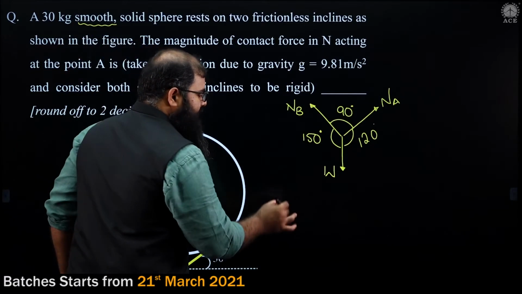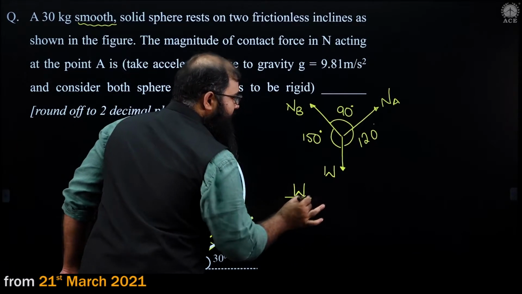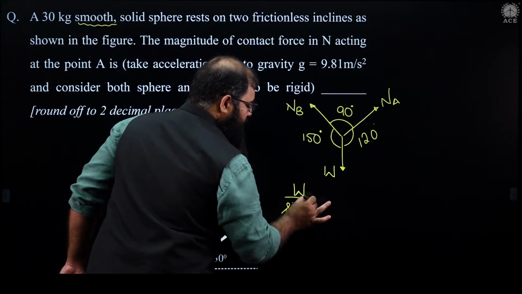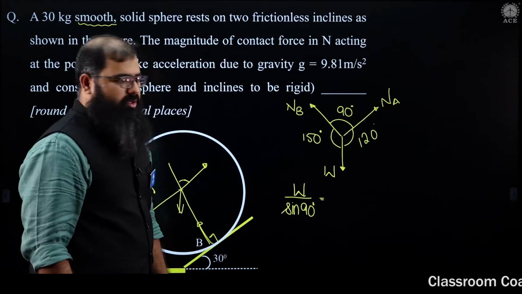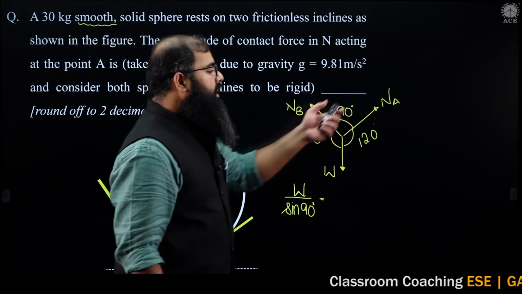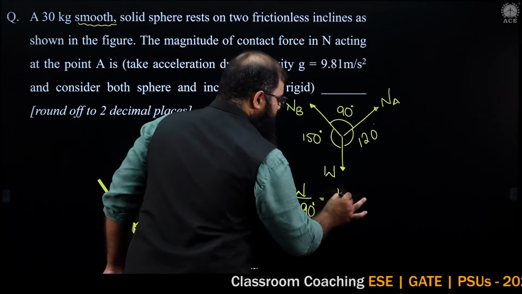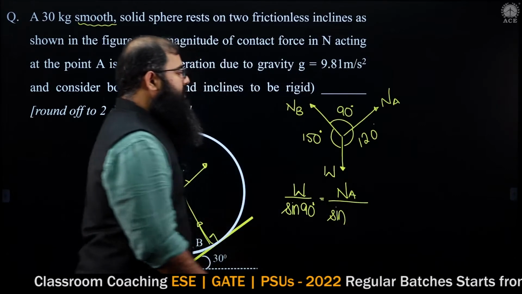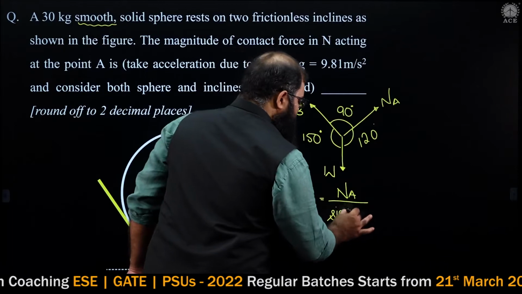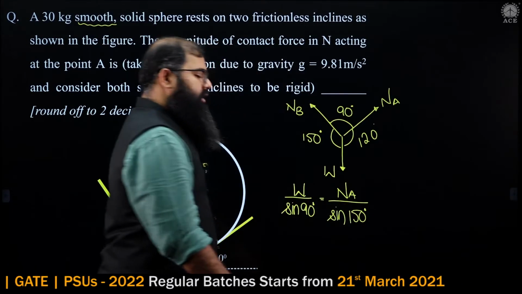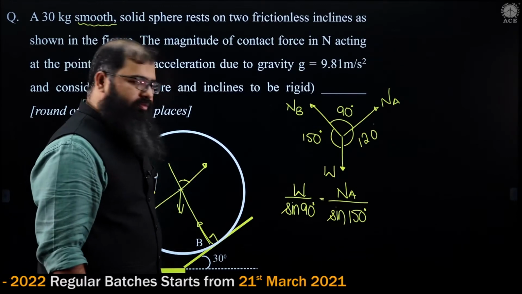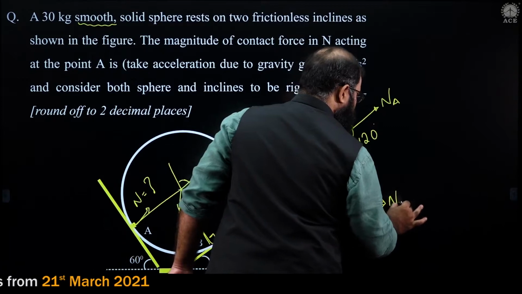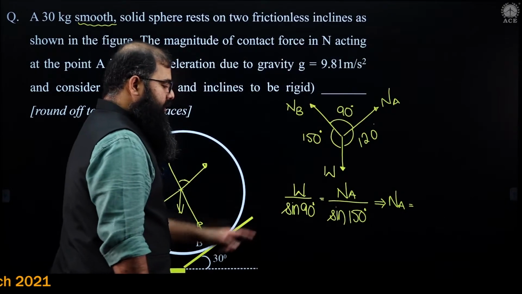Is it not? I can say now weight divided by sine of the opposite angle, 90 degrees, is equal to, since the question is asking me only regarding NA, NA divided by sine of the angle opposite to NA, which is 150 degrees. Now weight is equal to mg. So I can say from here NA is equal to mg.